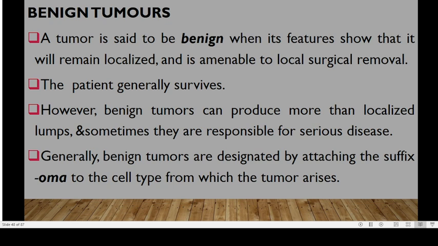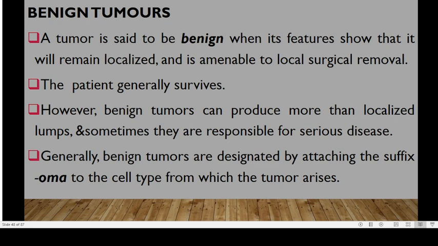So guys, starting with the benign tumors. A tumor is said to be benign when its features show that it will remain localized and it is amenable to local surgical removal. The patient generally survives. However, benign tumors can produce more than localized lumps, and sometimes they are responsible for serious diseases.